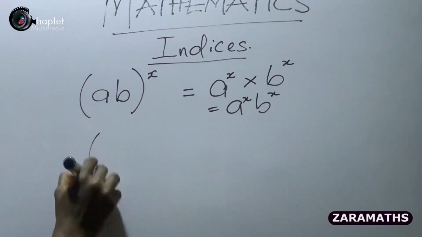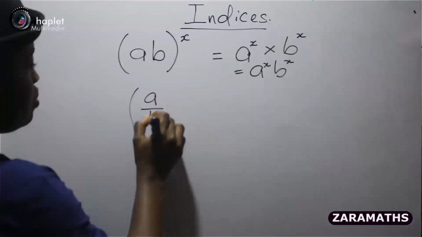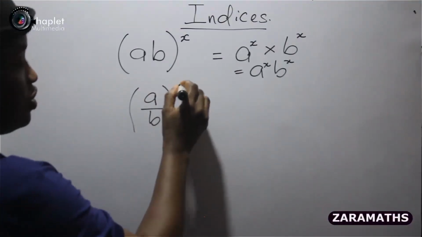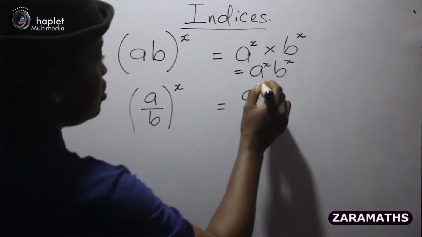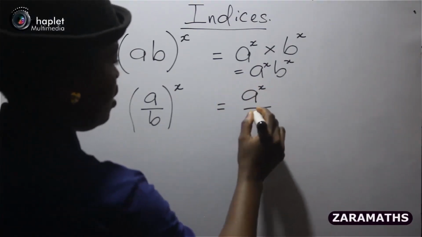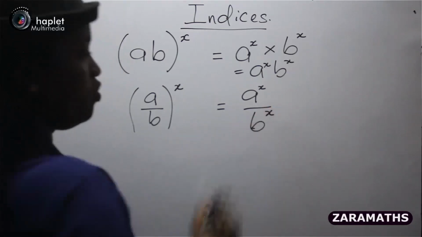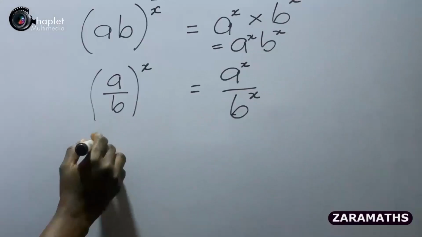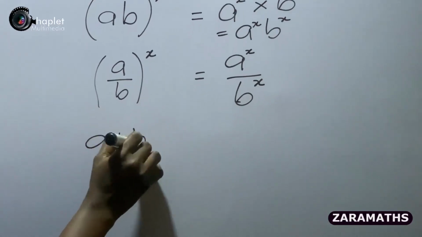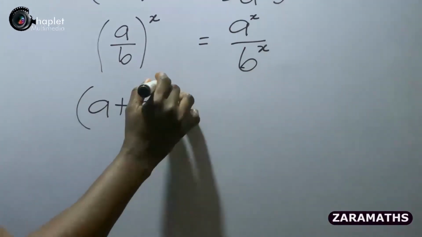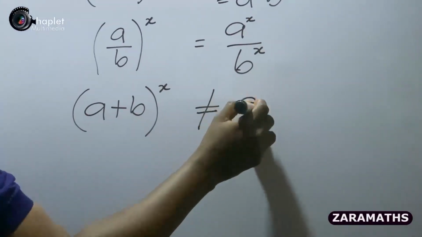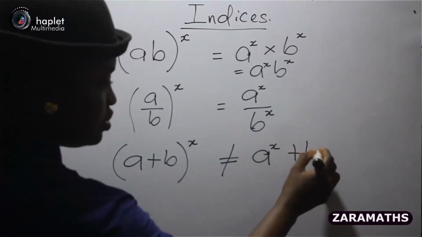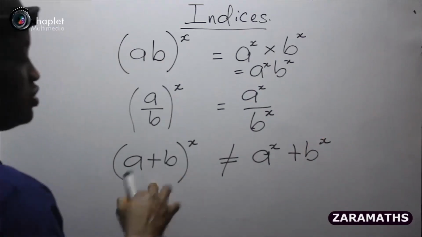Also, a over b, all raised to the power of x, is the same thing as a raised to the power of x over b raised to the power of x. A plus b raised to the power of x is not a raised to the power of x plus b raised to the power of x. This is not this.